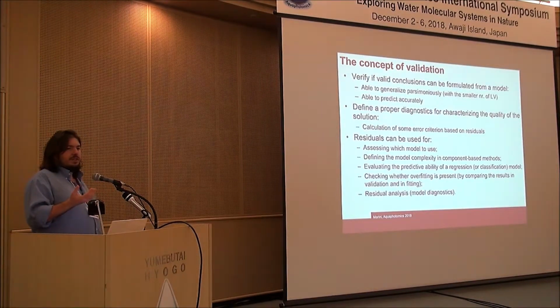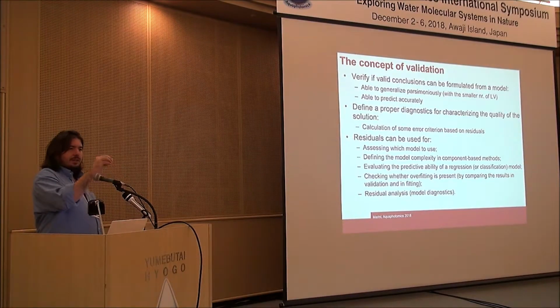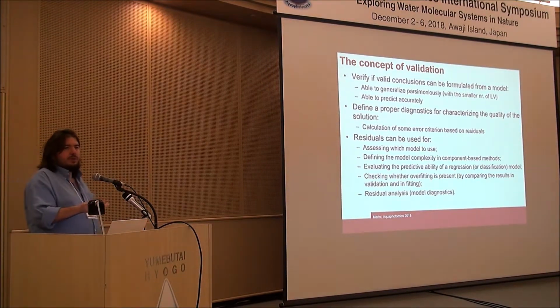And as I started saying in the beginning, validation should cover everything, not only the results of the data. It should cover validation of hypotheses, validation of subspaces, validation of interpretation or extracting relevant variables, and validation, of course, of prediction when predictions are involved.